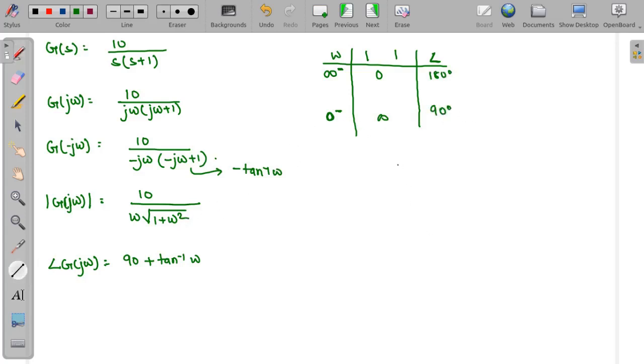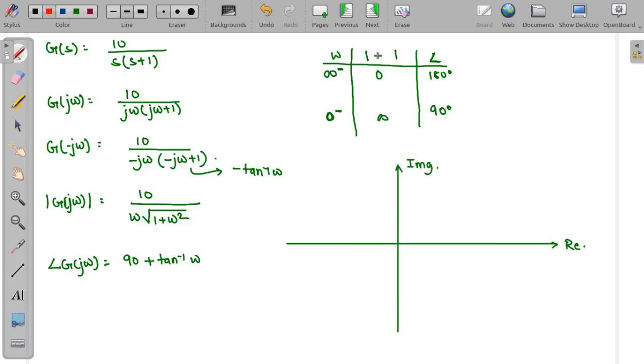So if you want to draw the inverse polar plot, you can see this is the real part, this is the imaginary part. So it will look something like this. So at infinite minus, it is 180 degree, magnitude is 0 somewhere over here, and at 0 minus, magnitude infinite, phase is 90 degree.